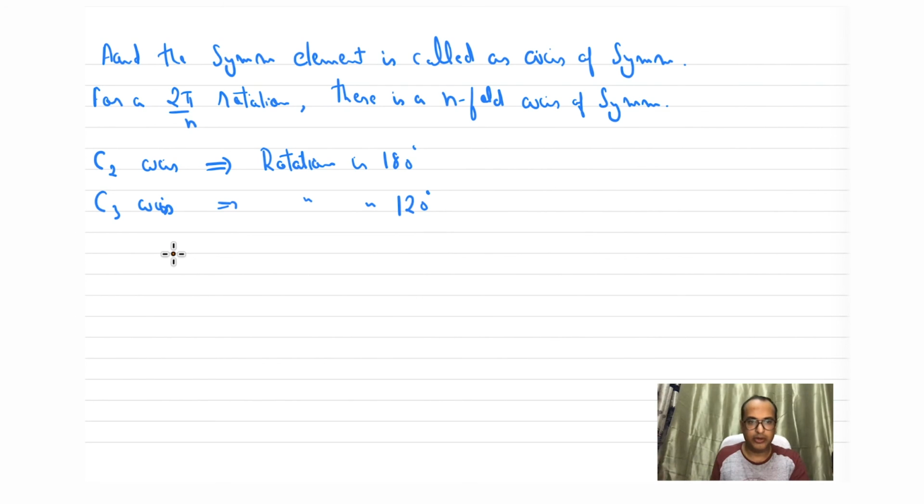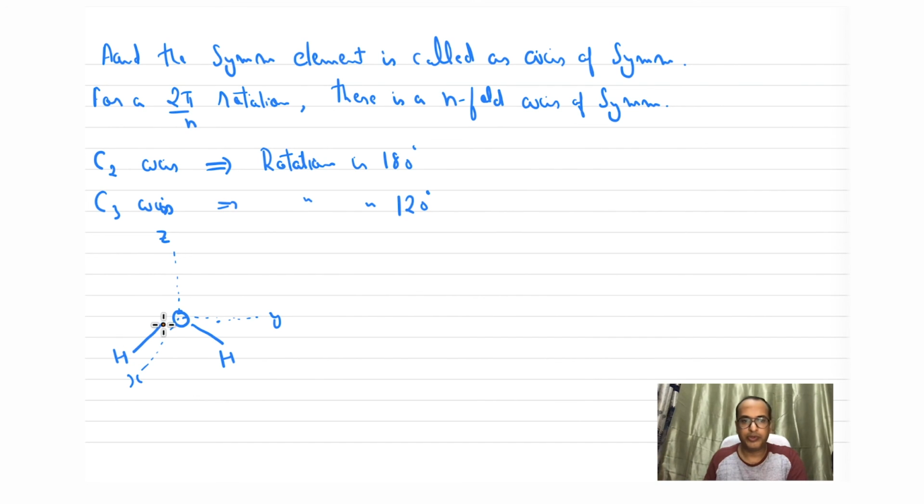So let us now take an example. Let's draw a right-handed coordinate system x, y, z. Now let me draw a water molecule. While drawing the water molecule, I will place oxygen at the origin, and the two hydrogens in the YZ plane.